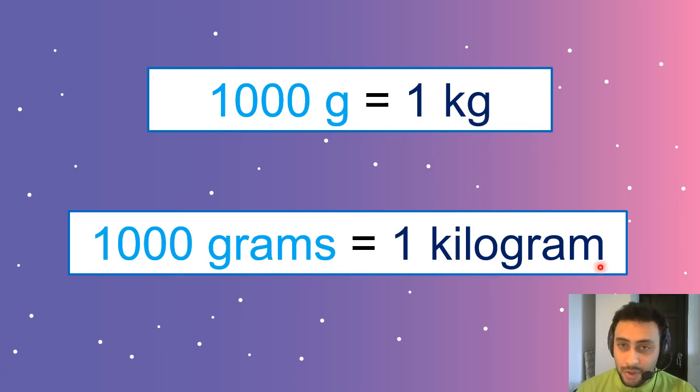Kilogram. So gram is gram. Kilogram is kilo. Kilo. Gram. Gram. Kilogram. So 1,000 grams equals 1 kilogram.